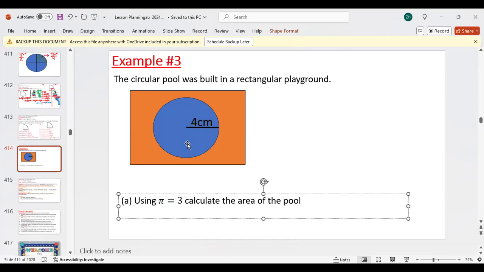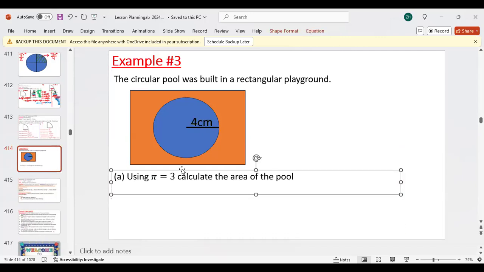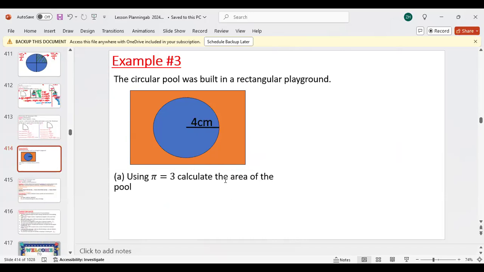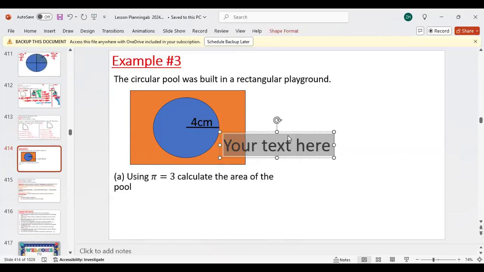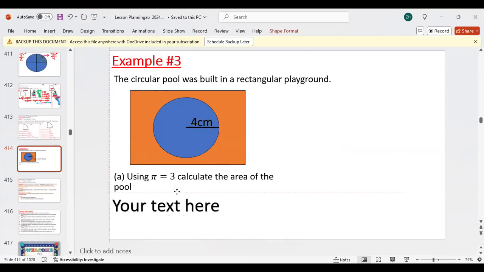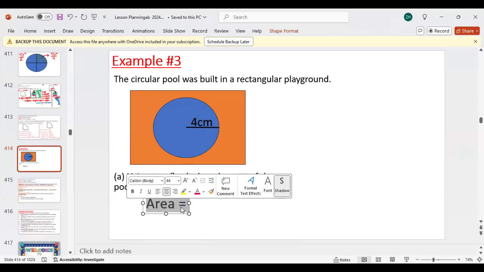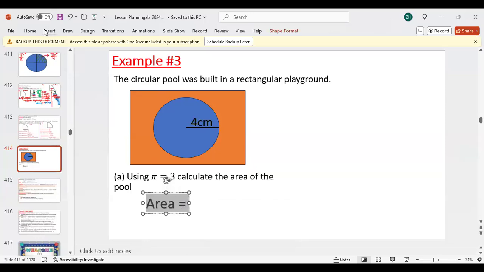In this question specifically, what is pi? Pi is 3. So that should be very easy. If we know pi is 3, the area of the circle, or the area of the pool, is going to be what? What is the area of a circle?